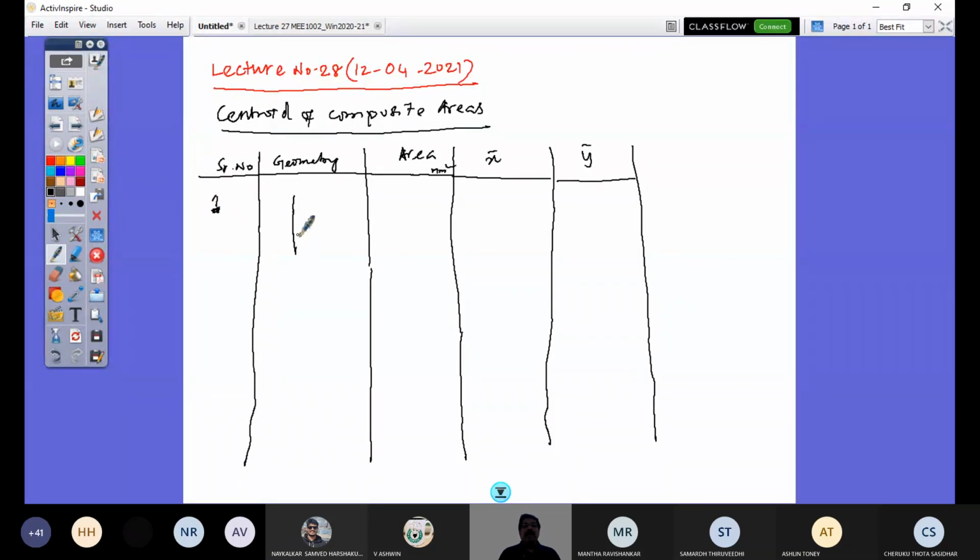a rectangular section. If this rectangle has dimension b and depth d, described with respect to the reference axes x and y, and this is my origin O, then where is the centroid located? It can be obtained by observation itself.